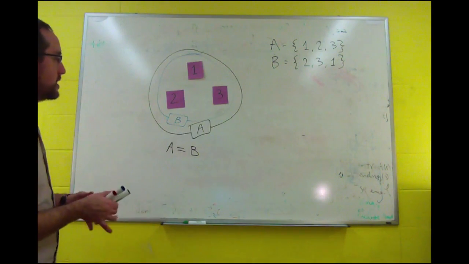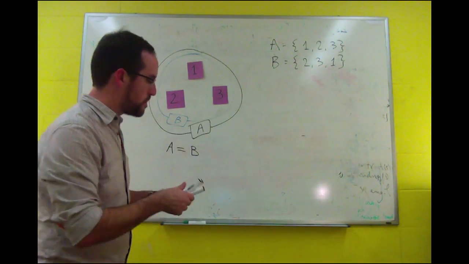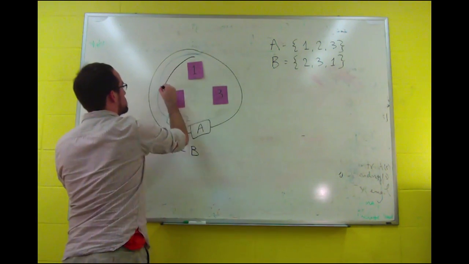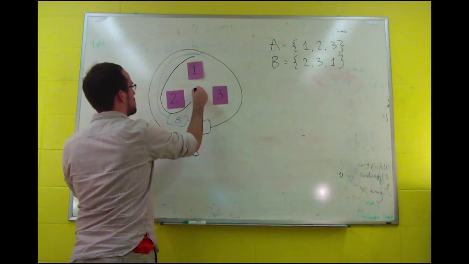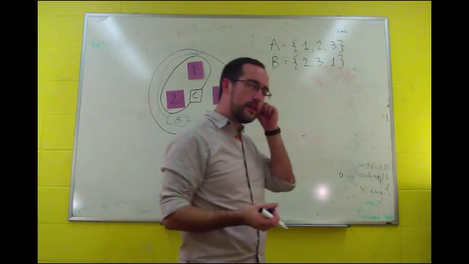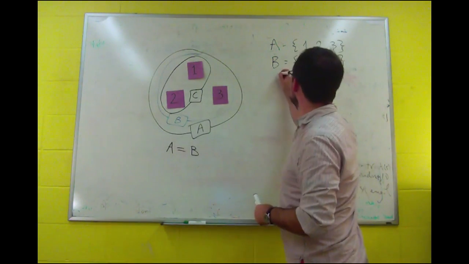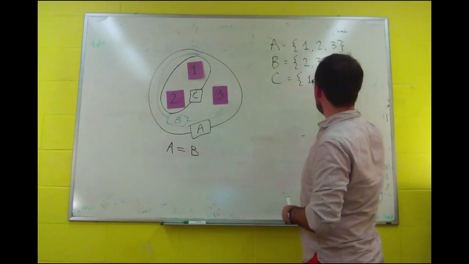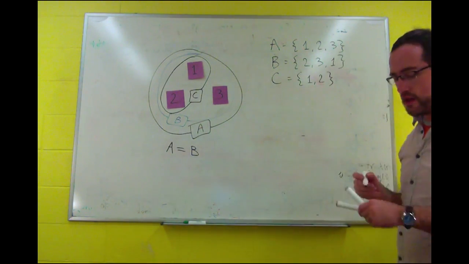Now, what if they don't have the exact same numbers? Well, let's draw a set that just contains 1 and 2. We'll call this set C. Now, set C has members 1 and 2, but it is not identical to set A because it doesn't have number 3.